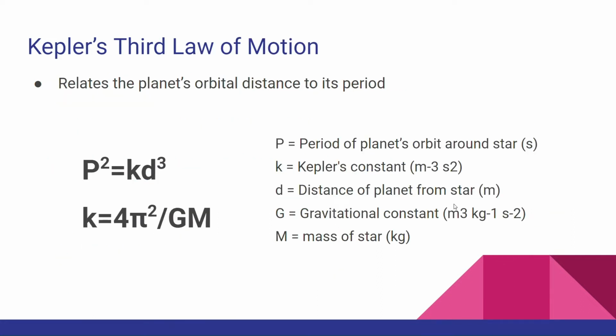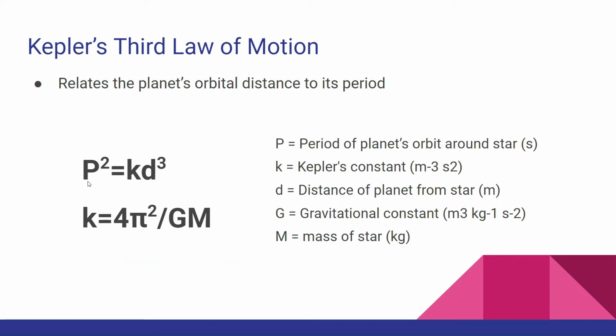Now I want to take some time to discuss Kepler's third law of motion. This equation relates the planet's orbital distance to its period. This equation is useful if you have the period of a planet and you want to find out the distance of its orbit away from the star, or if you have its distance from its star and you want to find out its period.